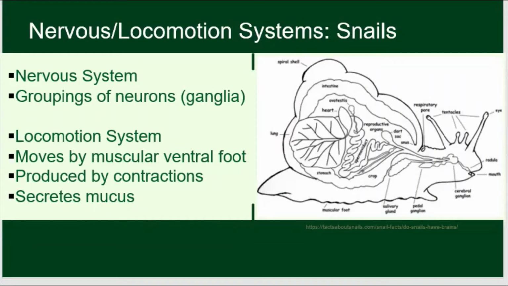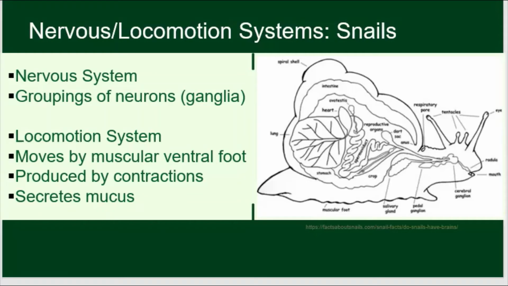It also has other groupings of neurons, for example the pedal ganglia, which control the foot and such. The neurons also control other organs, for example the lung and heart, giving them signals.